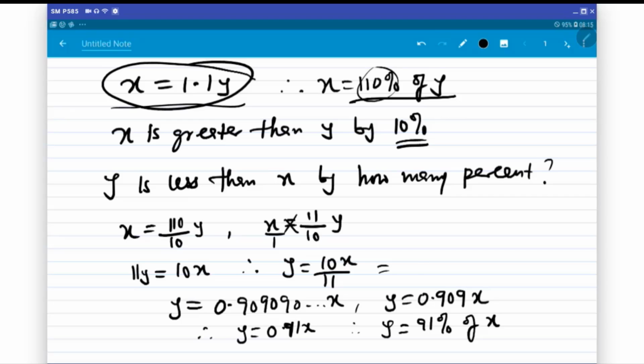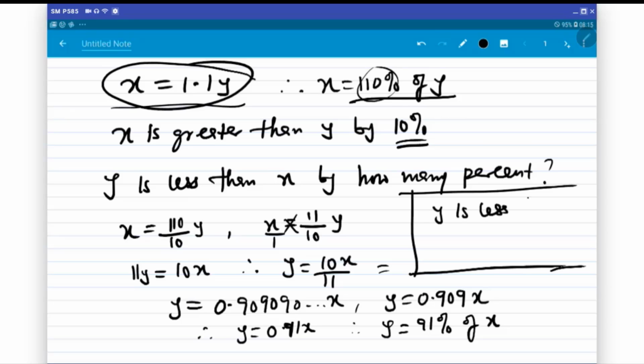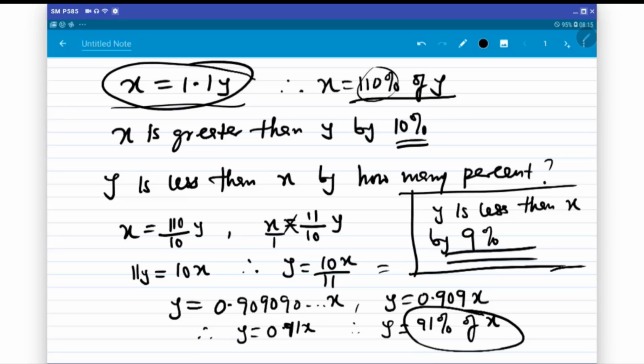It means that y is less than x by what does it remain to make 100%? It's less by 9%. y is less than x by 9%.